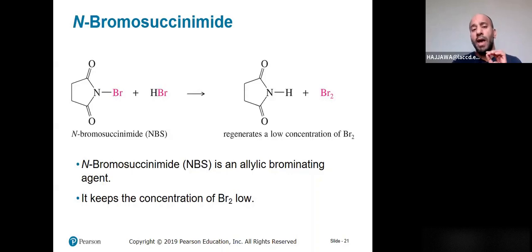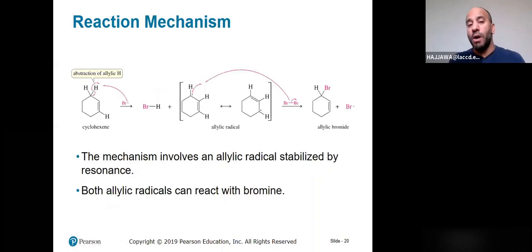The reason why NBS is more preferred than using Br2 for those allylic carbons to be brominated is because it's more selective and it keeps the concentration of Br2 low. So that way you basically brominate one site rather than several sites. The reaction of N-bromosuccinimide will basically react with HBr to generate Br2 in situ within the reaction, and that Br2 will find the allylic carbon to eventually brominate it.